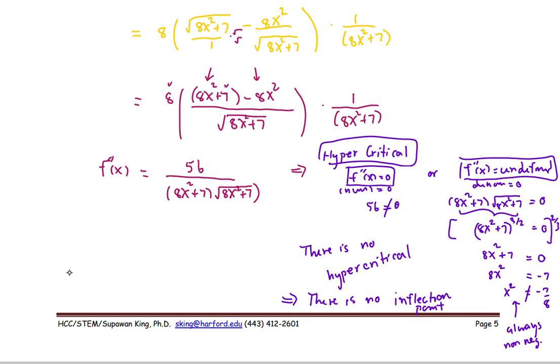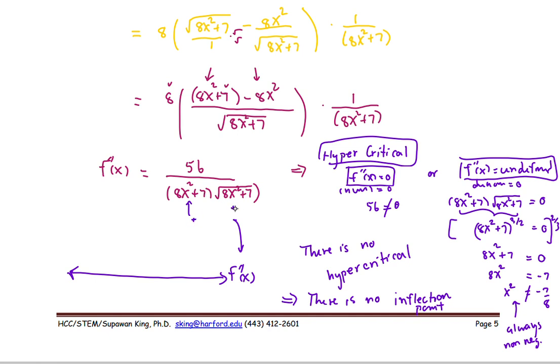We can verify it by drawing the real number line, which represents the sign of f double prime, where f double prime is 56 over 8x squared plus 7 times the square root. The note we have to pay attention to is that whatever x you put into the denominator, it is always positive.